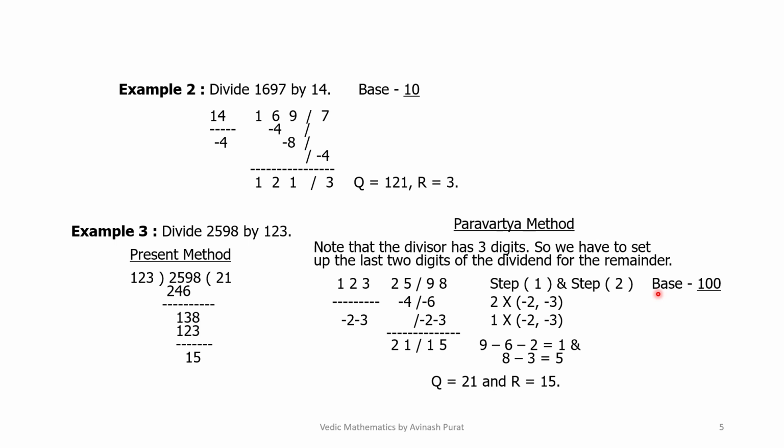Steps 1 and 2, base is 100. 2 multiplied by minus 2, minus 3. 1 multiplied by minus 2, minus 3. 9 minus 6 minus 2 is 1, and 8 minus 3 is 5. So the quotient is 21 and the remainder is 15.